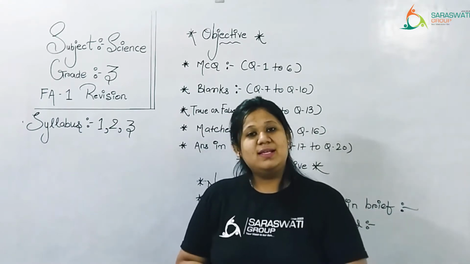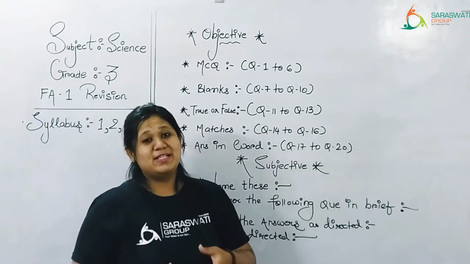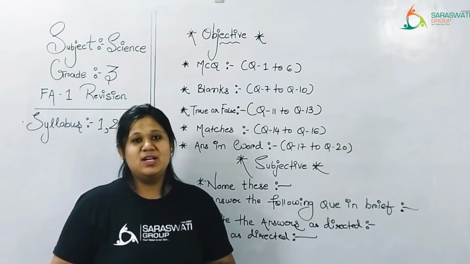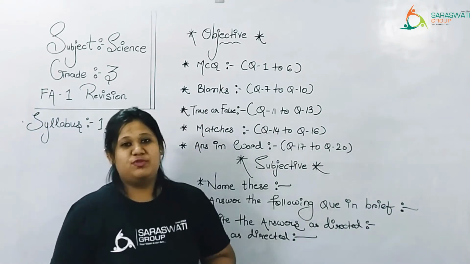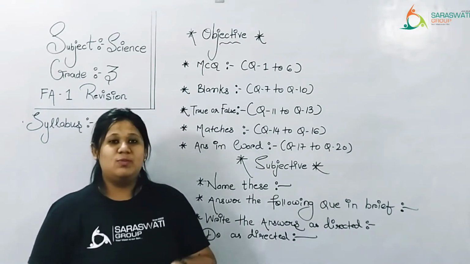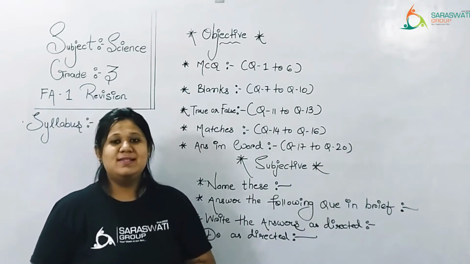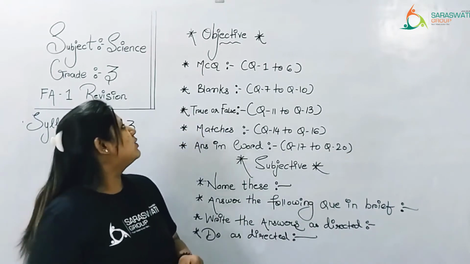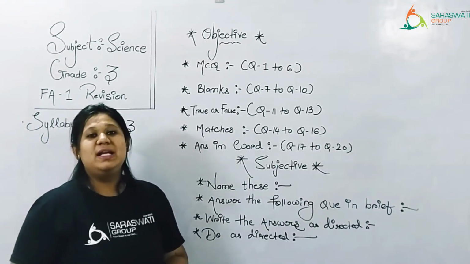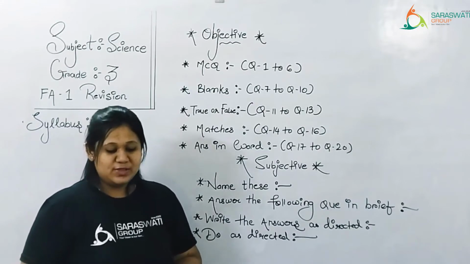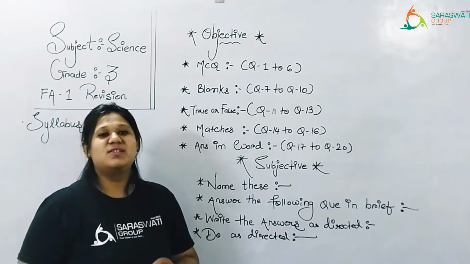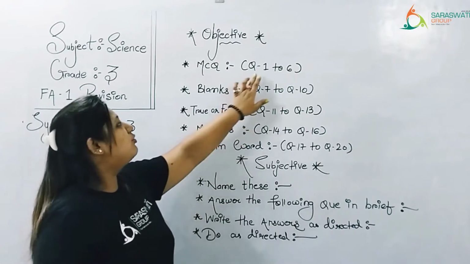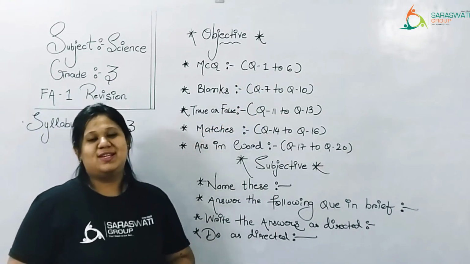Now kids, let me explain the paper style first. There are two types of papers: one is objective and another is subjective. In objective, question number 1 is multiple choice questions, like choose the correct answer from the options given below. That is from question number 1 to 6.